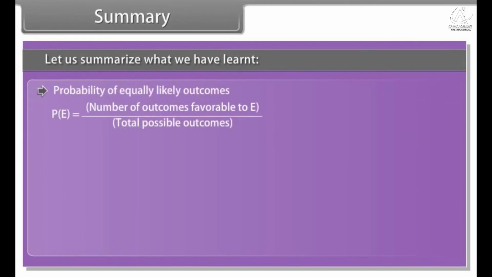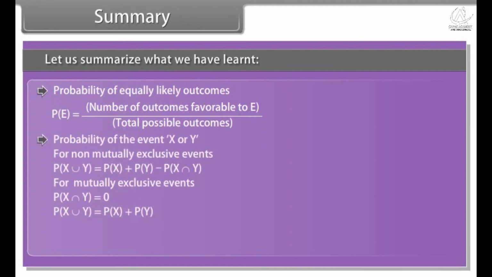Probability of equally likely outcomes. P(E) is equal to the number of outcomes favorable to E by total possible outcomes. Probability of the event X or Y. For non-mutually exclusive events, P(X union Y) is equal to P(X) plus P(Y) minus P(X intersection Y).